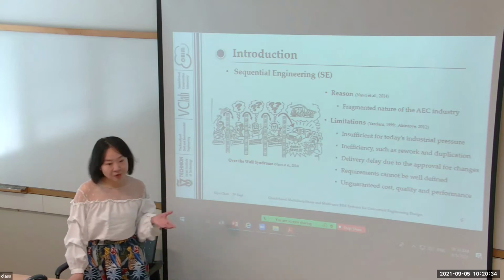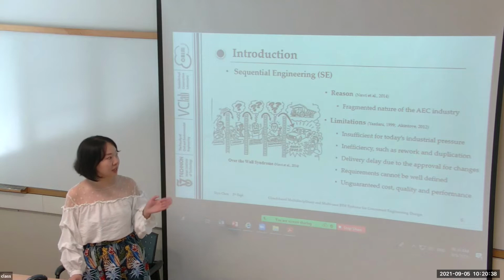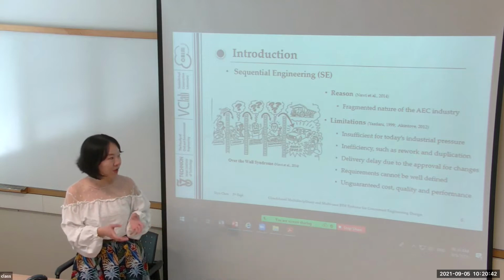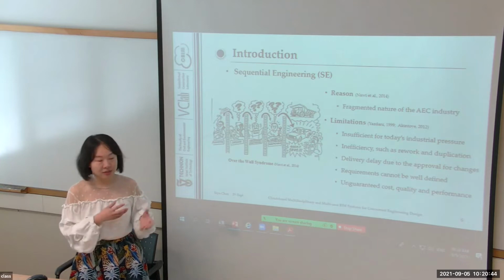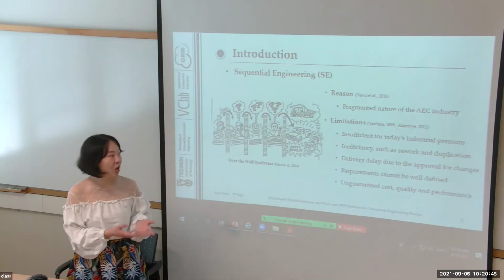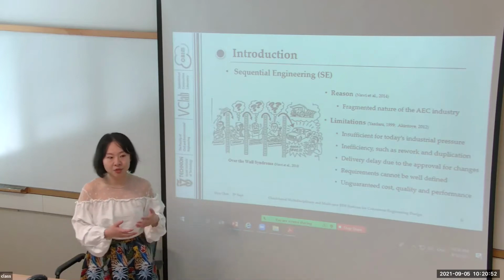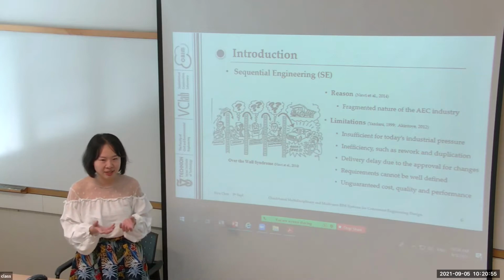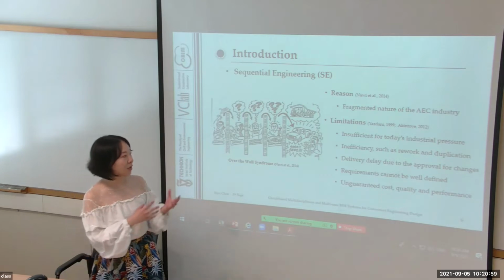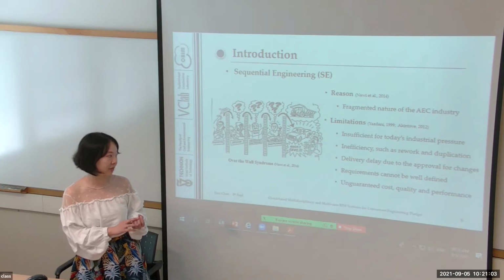So it is proven that sequential engineering is not enough for today's industrial pressure, and there are still some specific limitations that need to be fixed, such as a lot of rework and duplication on the design model, and then delivery delay due to too much coordination seeking approval for the model changes, and also the client's requirement cannot be well defined at the very early stage of design.